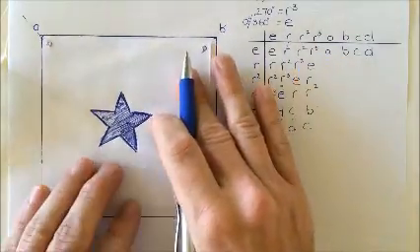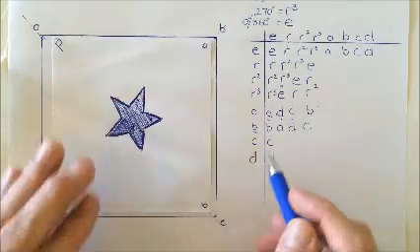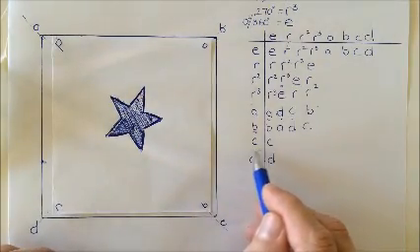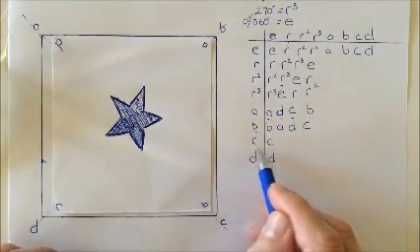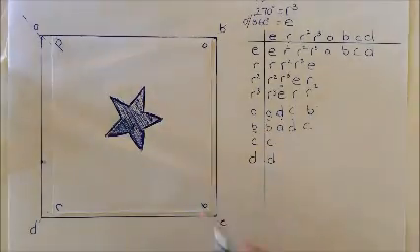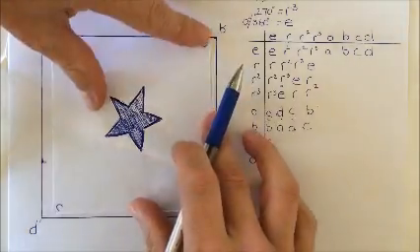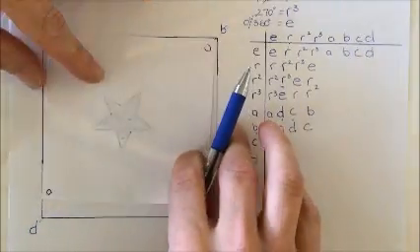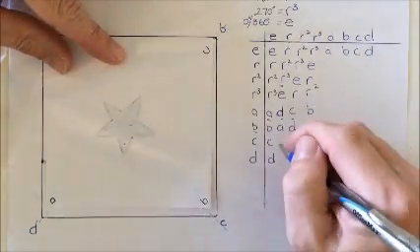Rotate once. Flip along the C-axis, and take the measurement from the point C. So our C-axis runs this way. Flip our shape. Our value is B.